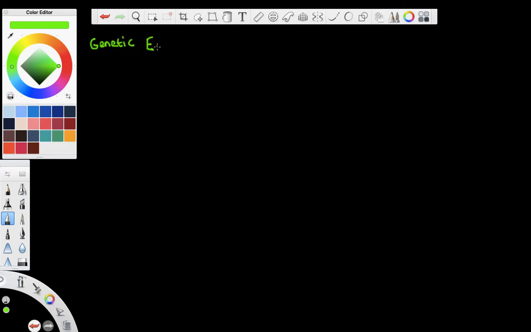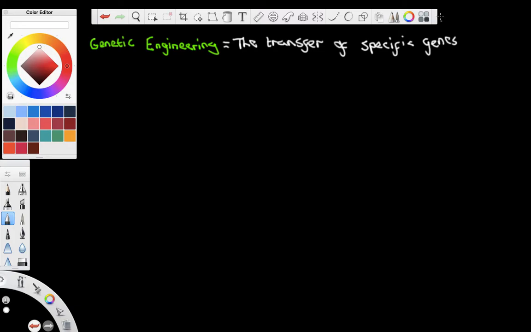Genetic engineering is a term used to describe the transfer of specific genes from one organism to another.